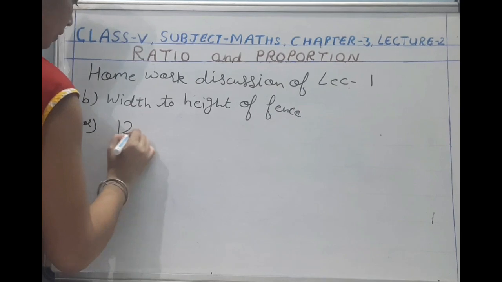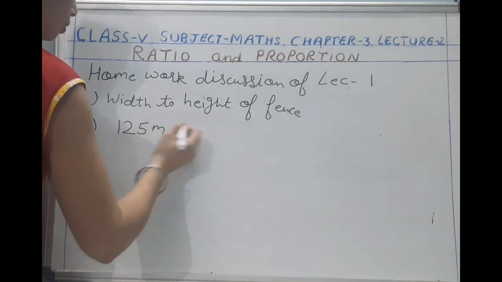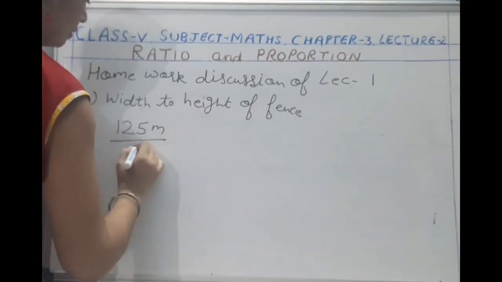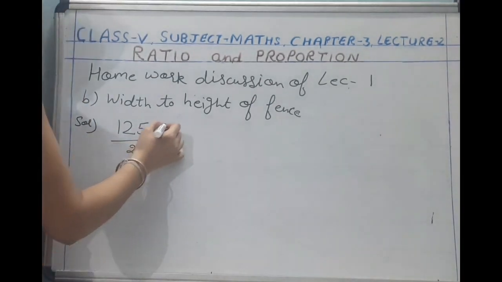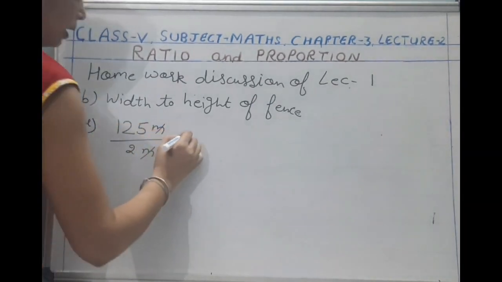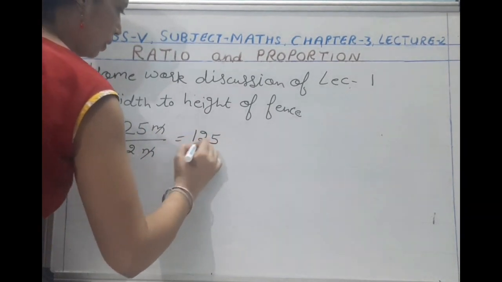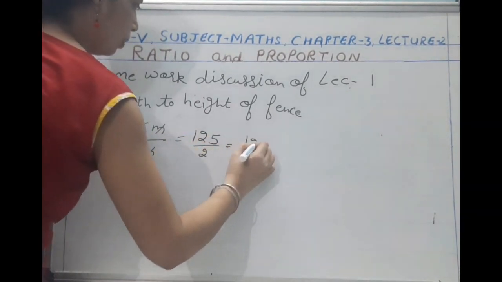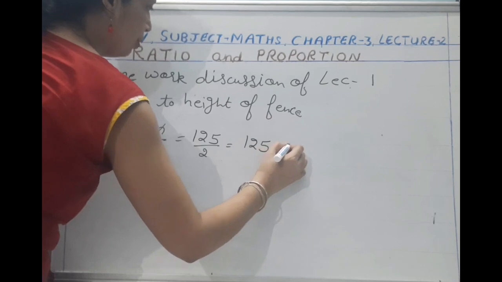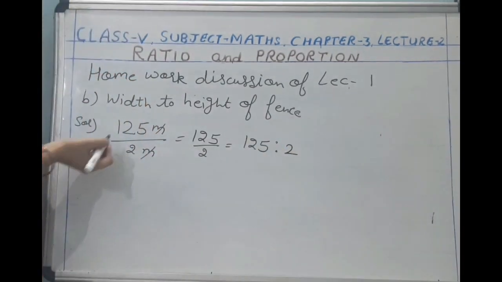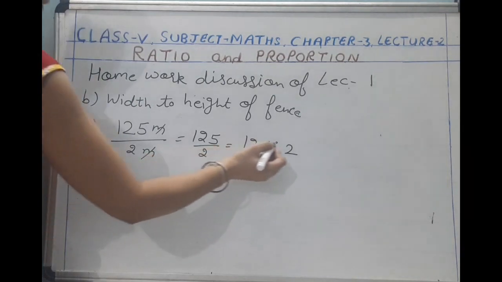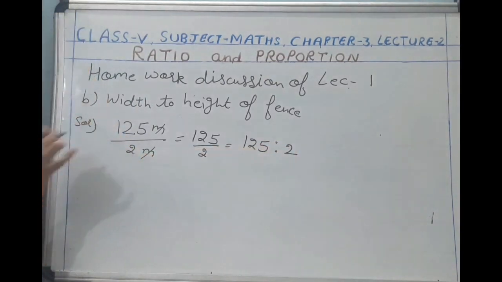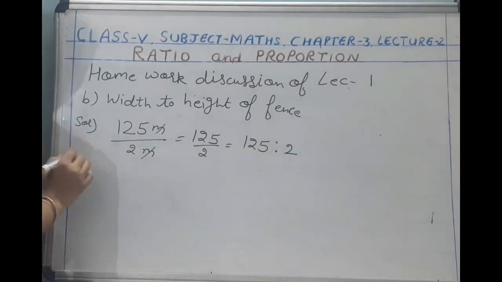Width, 125 meter, to height of fence, it is 2 meter. Now cancel it. It will be 125 upon 2, or 125 ratio 2. No more cancellation is here because 2 से 125 completely cut नहीं होगा. No cancellation is there, so it will be written as such.